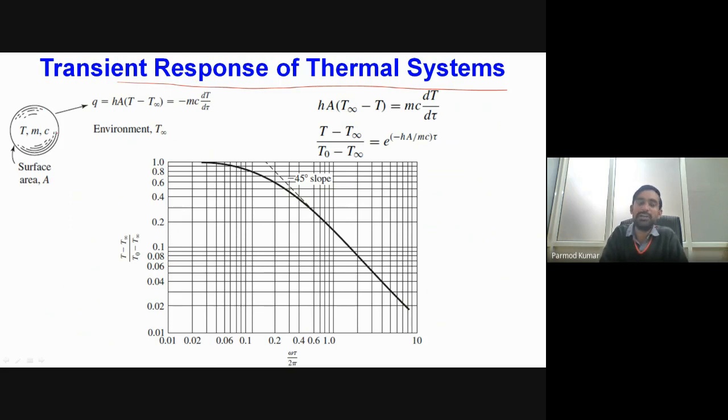I think I have already told you that we have to always keep the junction of the thermocouple as small as possible, because if we have a smaller mass, then obviously the product of M into C, which is the main controllable parameter for thermal inertia of the heat transfer system, will be small. So if our thermal inertia is small, then obviously our device will respond fast.